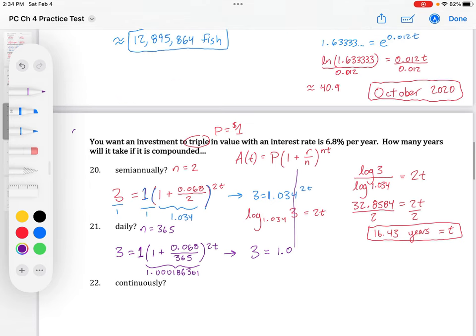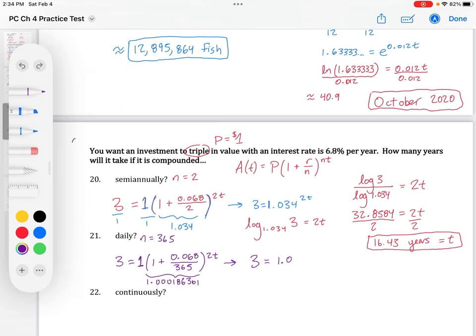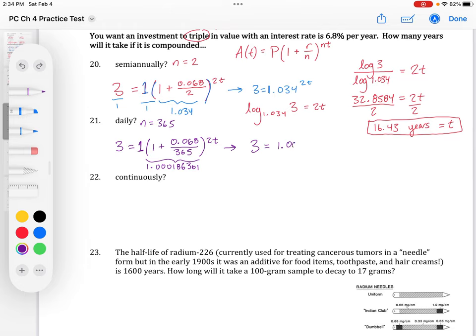So we'll just write that decimal part, 1.000186301. Oh, and I see I made a mistake here. This should be to the power of 365t, because now we're using n is 365. My mistake. Make sure you have 365t for that exponent.